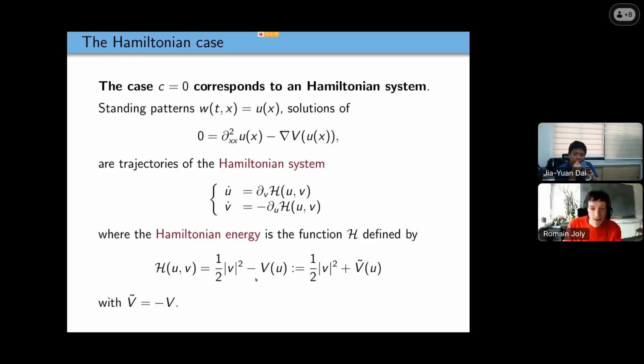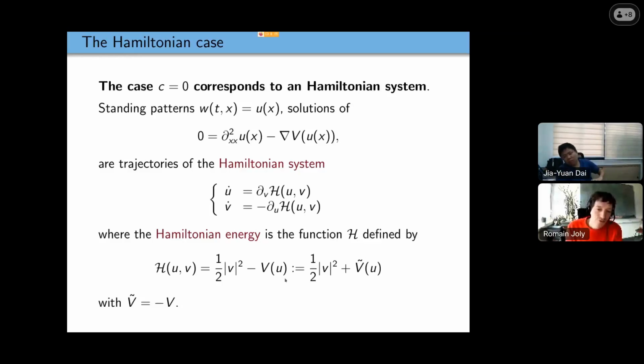So this Hamiltonian energy is conserved by the flow, by the solution u when x moves. It's really the classical energy for Newtonian mechanics: the kinetic energy, and then the potential energy.